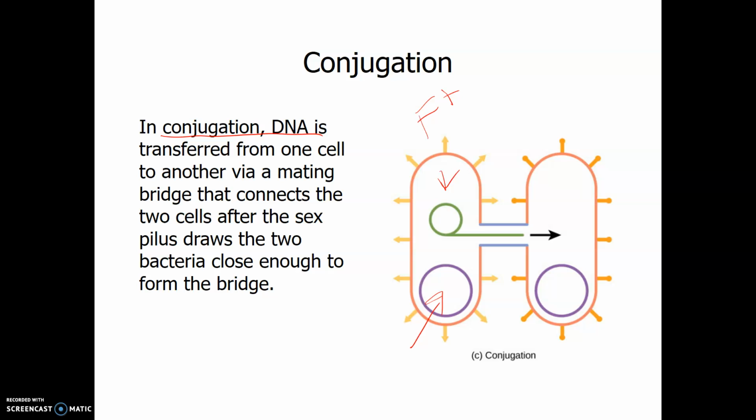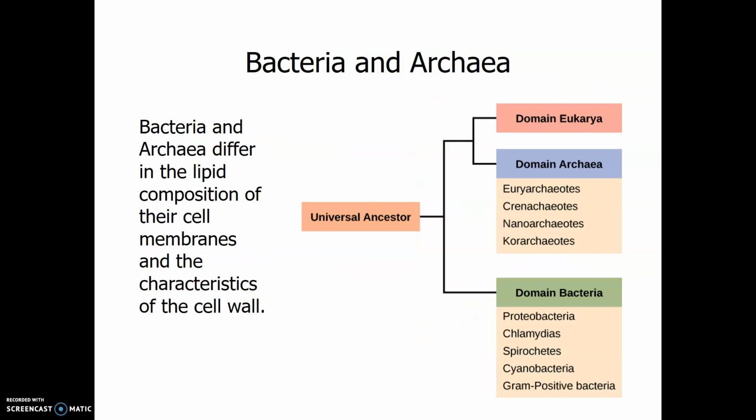One of the cells that contains that plasmid is called F positive, and it will transfer that plasmid containing other genes to the F negative cell. And then after that, the F negative cell becomes F positive because now it's going to have that plasmid in it. Okay.